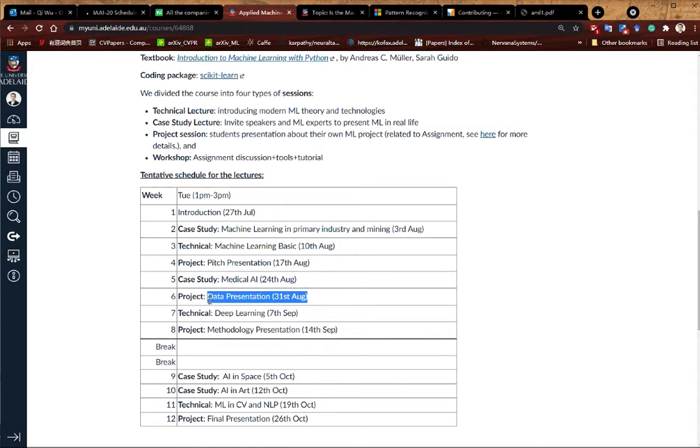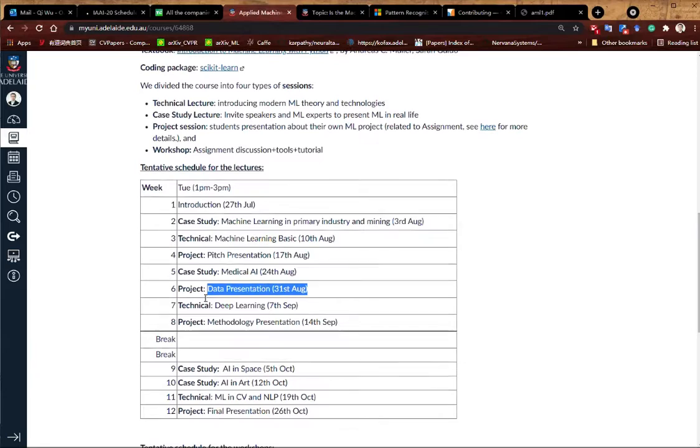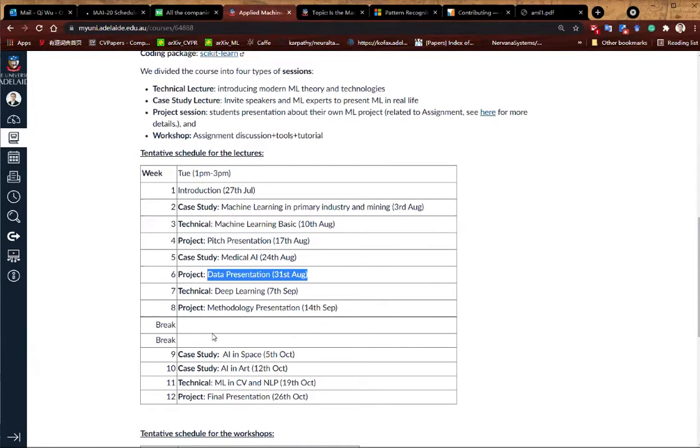I suggest you use some existing data, which will be easier for you. This is about the data presentation. You need to discuss what the data source is and what you can learn from this data.